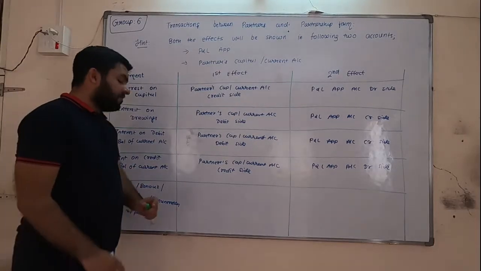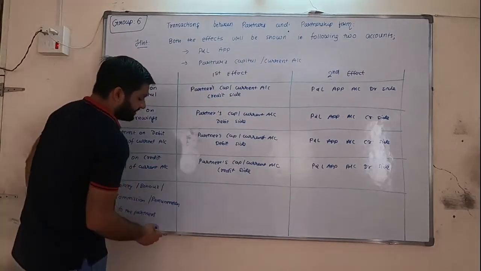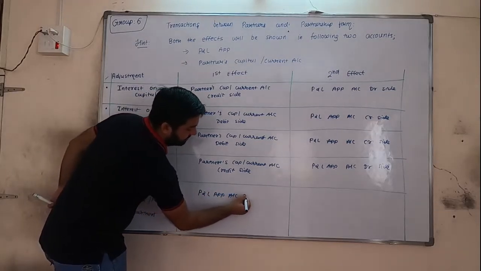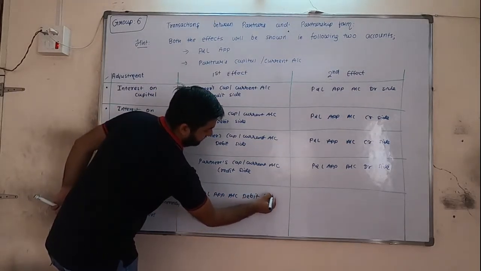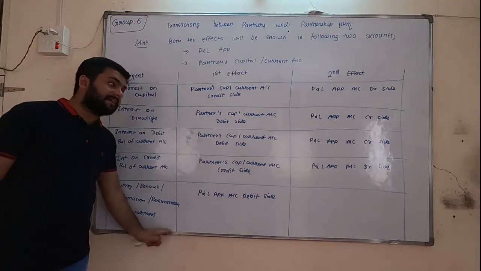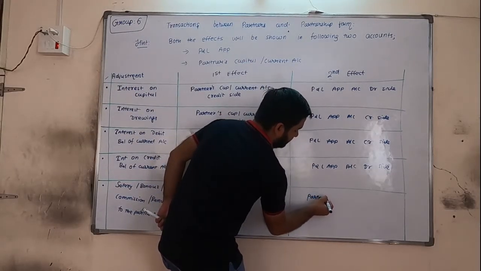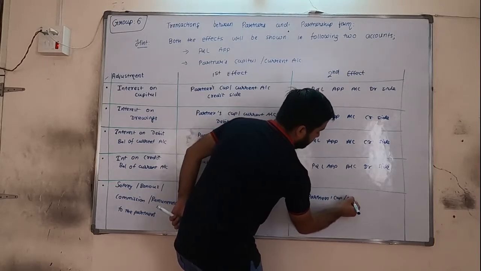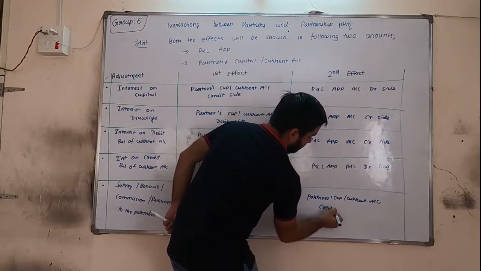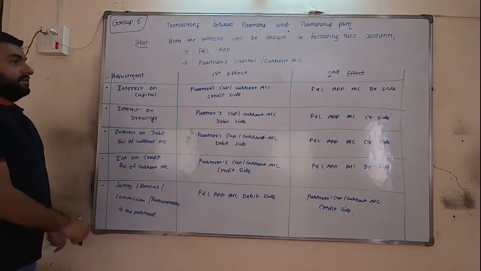Now as you all know, salary, bonus, commission, everything are the expense of the business. So expenses are on debit side, but P&L appropriation account debit side. Not P&L account, P&L appropriation, because these are the partners. If one is debit, then other is credit. Partners capital or current account credit side.